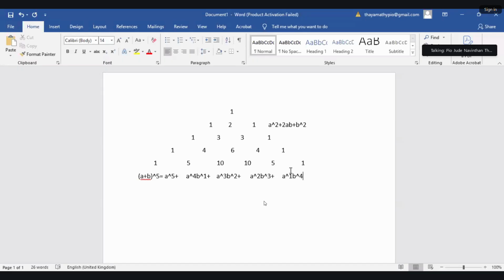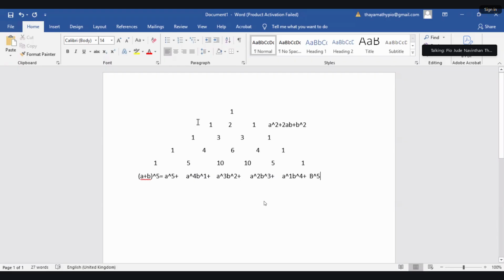And the last one, a to the power 0 is 1, therefore you can put b to the power 5. Everywhere is a plus. So the coefficients are missing.